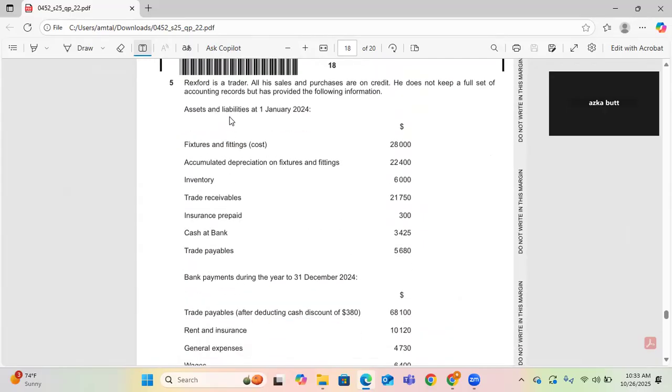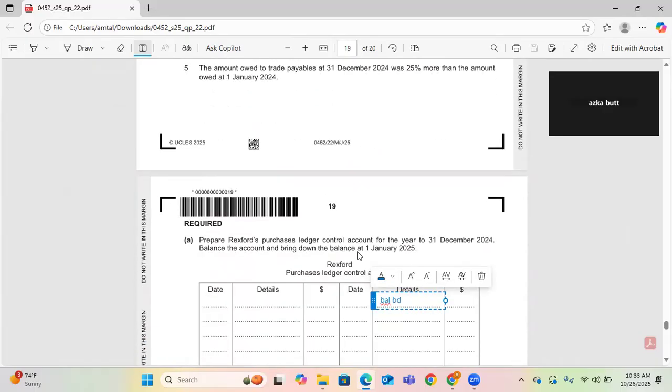We have fixed assets, fixtures and fittings at cost, accumulated depreciation of fixtures and fittings, opening inventory, opening trade receivables, opening insurance prepaid, cash at bank, and trade payables. This is trade payables at the start of the year, so 5680 is what we write here.